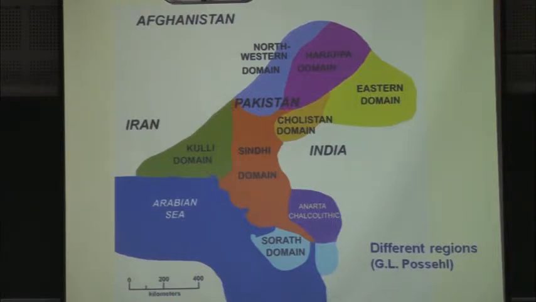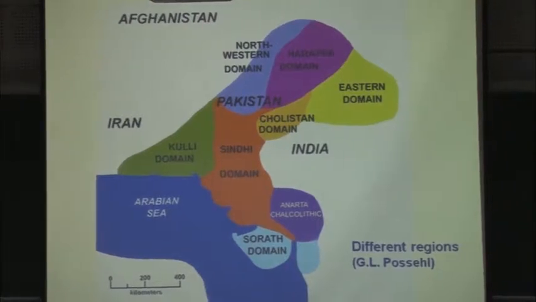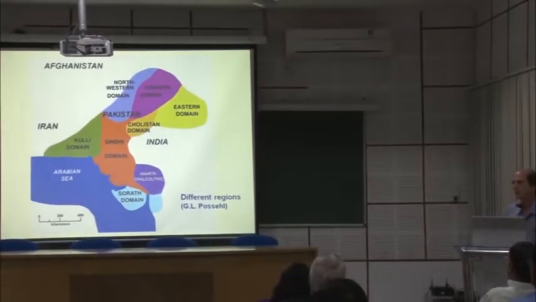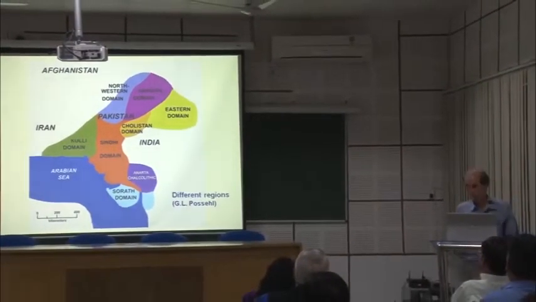In fact, Dholavira was discovered by the late Jagatpati Joshi when he was exploring the migration routes between Sindh and Kutch. And Kutchi language happens to be very close to Sindhi, much closer to Sindhi than it is to Gujarati.